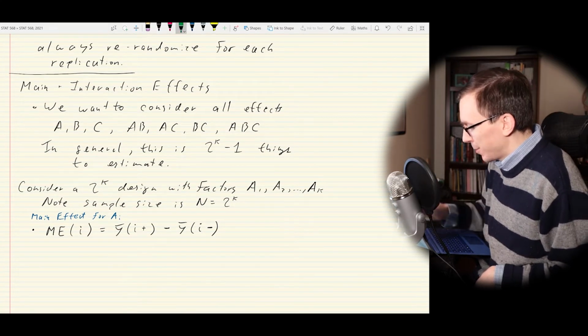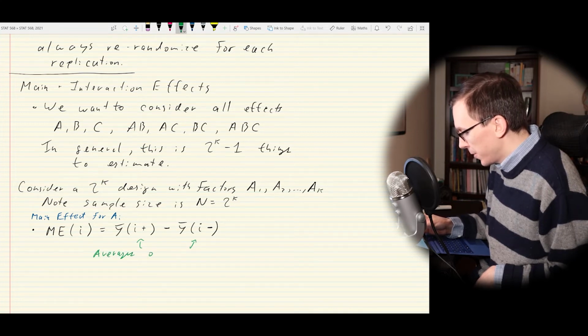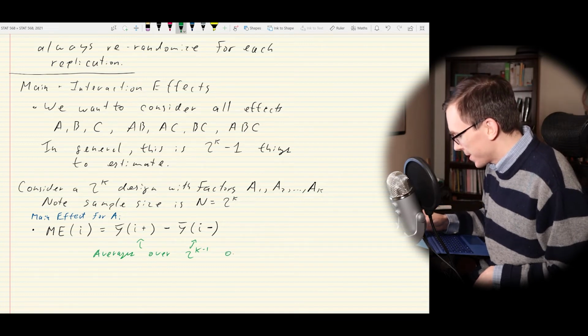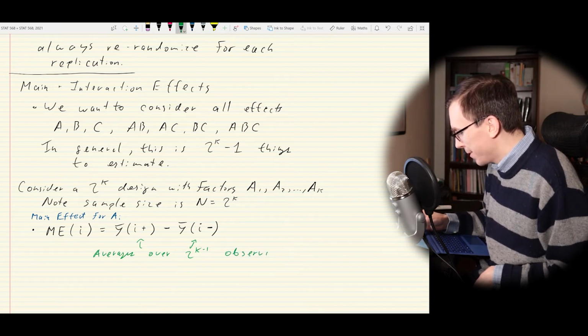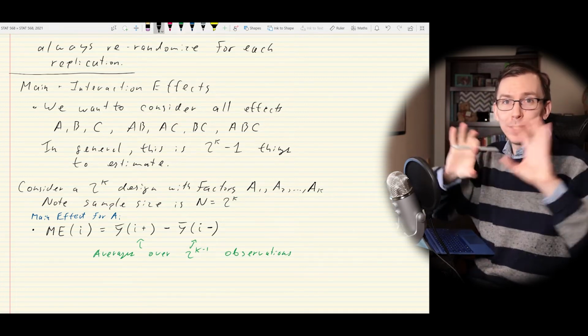And what do we have here? Well, these are averages over 2 to the k minus 1, with the minus 1 up in the exponent, observations. Basically half of the data set in each case. So we kind of split the whole data set in half.